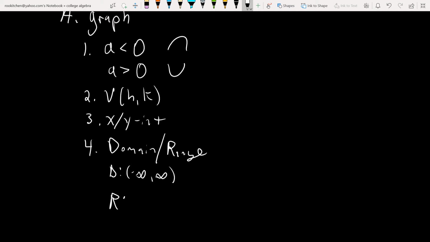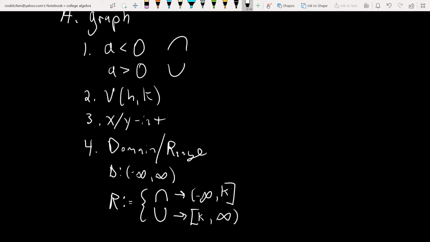Okay, the range: there's two cases. If it's concave down, the range will go from negative infinity to the k value from the vertex. If it's concave up, the range goes from the k value of the vertex to infinity. Just think about the graph. Let's say it's concave up, and here's my vertex at h comma k.